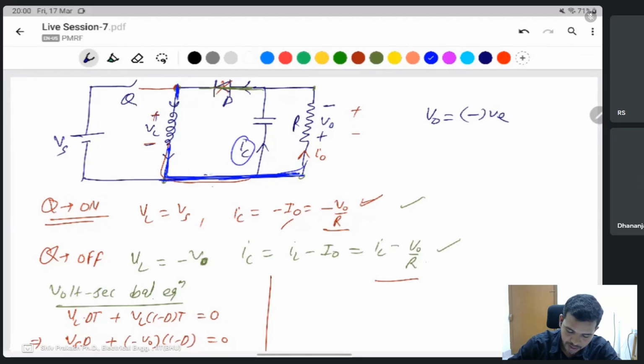The average of inductor current is the same as the average of output current, in what time? In the 1 minus D time. It means you can say 1 minus D into IL is equal to I naught.